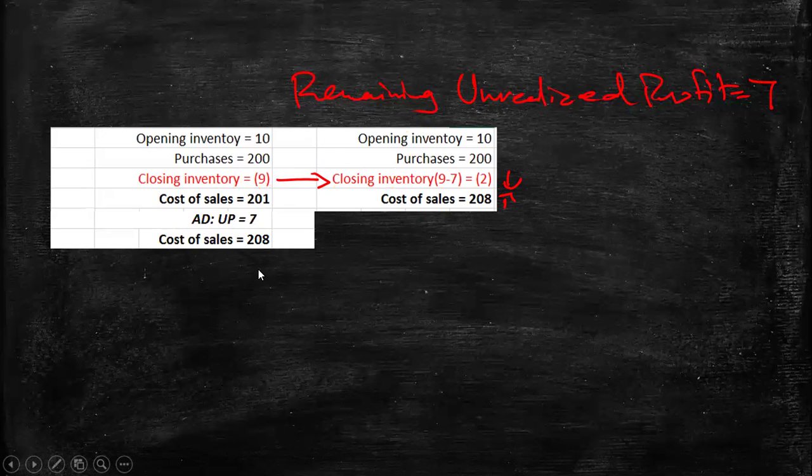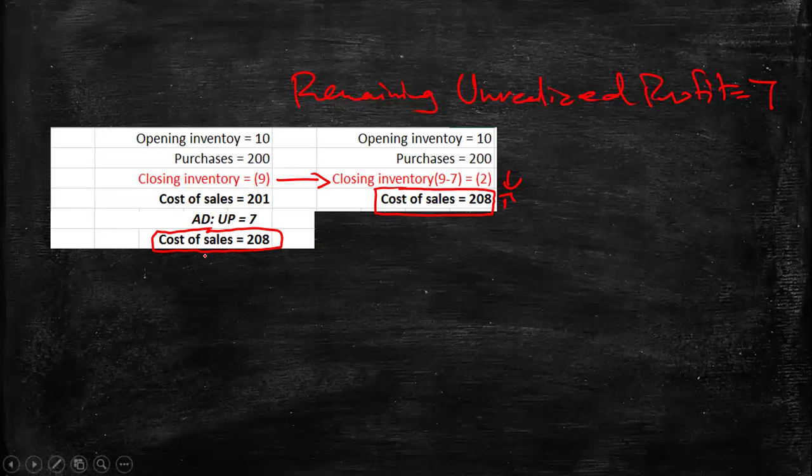And that has the same effect, that gives us the same cost of sales that we were getting if we were to subtract this unrealized profit from the closing inventory value. So you will have to adjust the unrealized profit directly in the cost of sales amount. You will not be able to subtract it from the closing inventory value. So you have to remember that if you were to subtract it from the closing inventory value, it will basically mean adding it in the cost of sales amount.